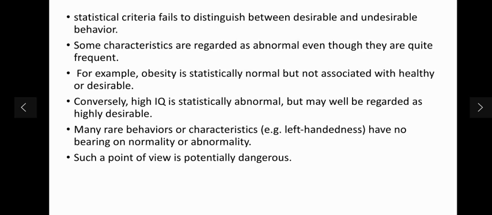The population percentage who are left handed is very small, but still it has nothing to do with normality or abnormality. What is important to consider here is that not all behavior that is rare can be abnormal, and it is important to consider whether a particular behavior is desirable or undesirable. So, such a point of view may be potentially dangerous.